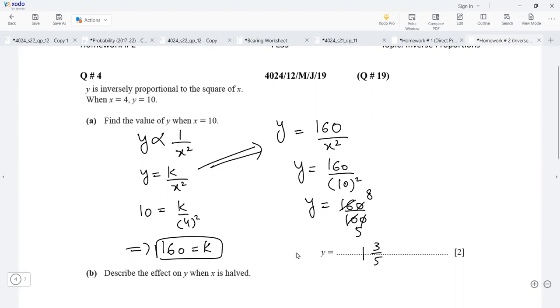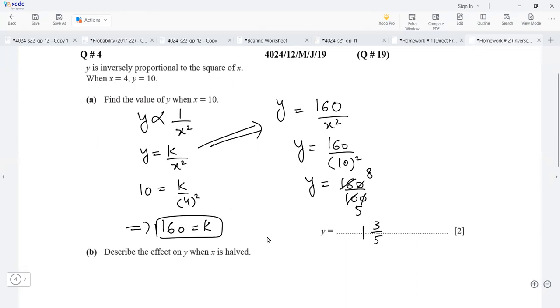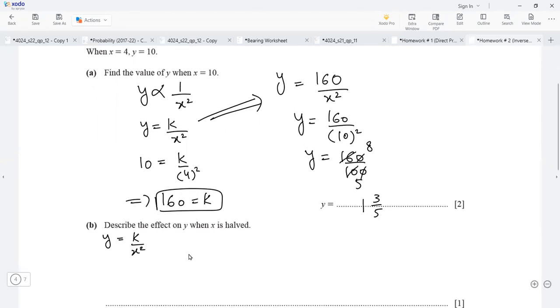So what we have to do in the next question, they say describe the effect on y when x is halved. What does this mean? This means that when the value of x is halved, we can say x becomes 1 by 2 x. So this is basically y equals k over x squared, and I'm replacing x with 1 over 2x.